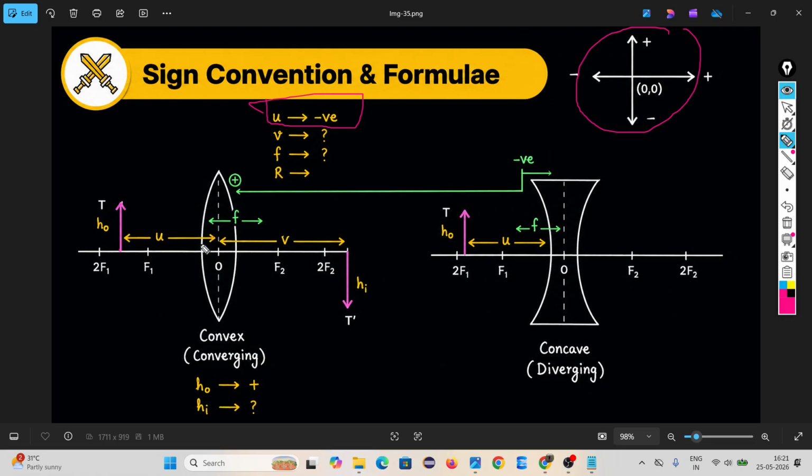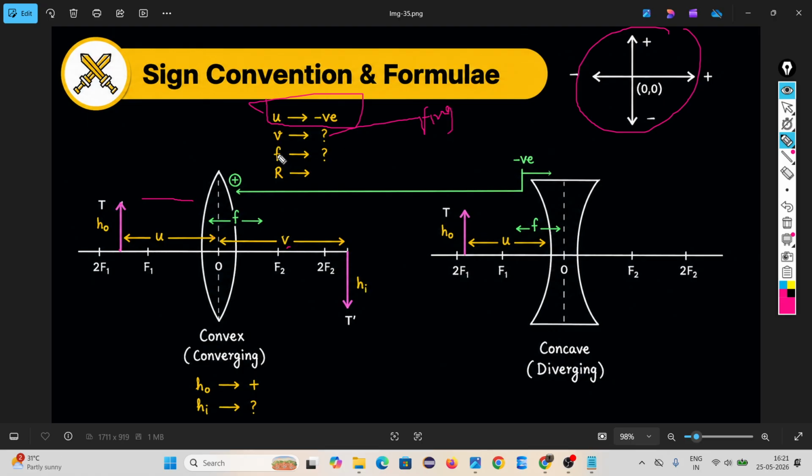Whether it is convex or concave, u is always on the left hand side, so u is negative. V is the image distance, which we will find.